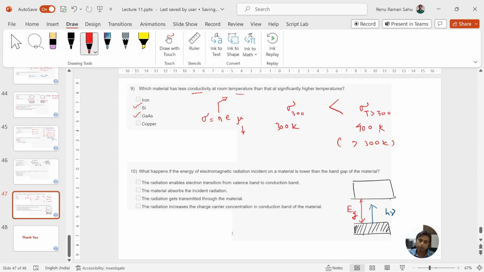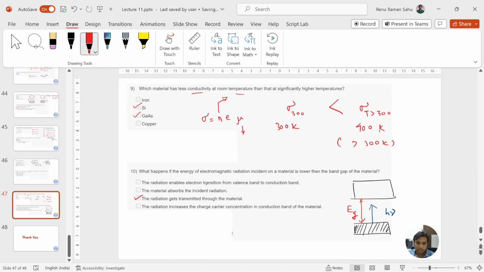Can this photon be absorbed? No. It cannot be absorbed, so it will just go through the material. It will have no effect on it. So the radiation gets transmitted through the material.